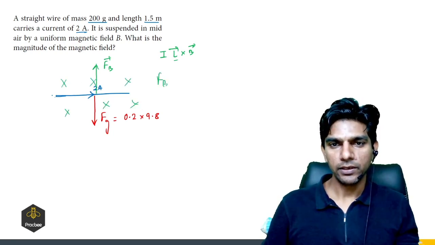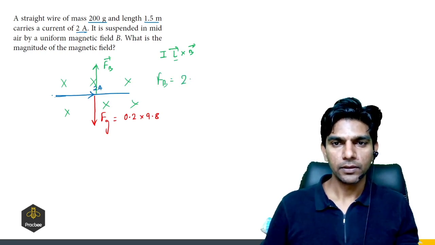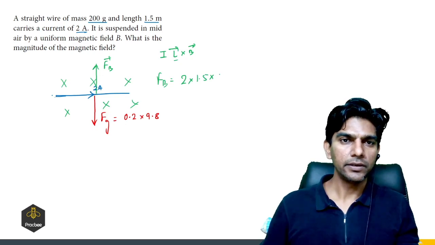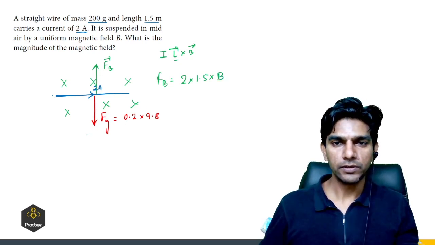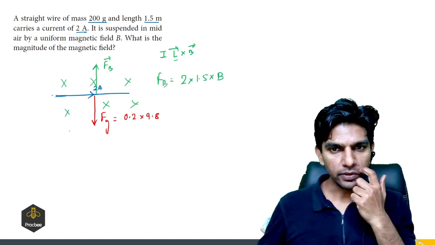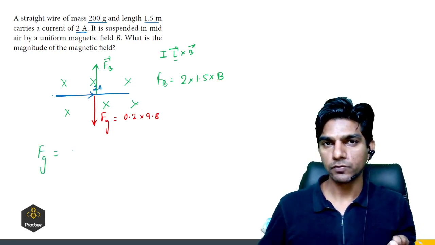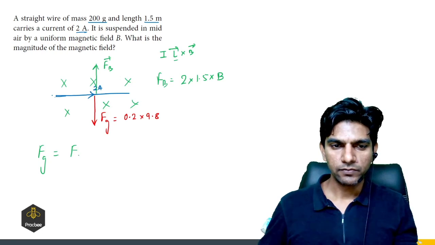So this FB will be I, L is 1.5 and B is not given. So we have to find the value of B. These two forces should balance each other to suspend this wire in midair. So Fg equals Fb.